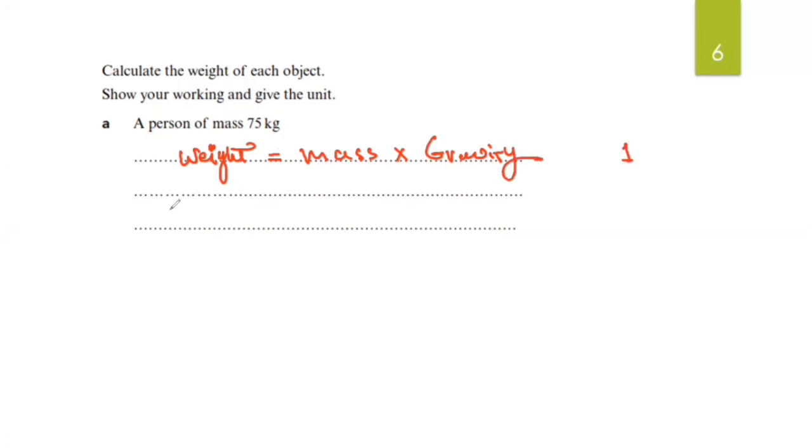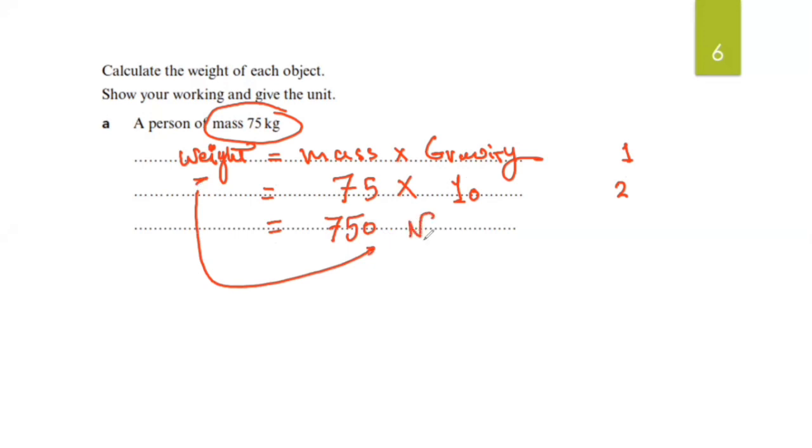Okay. طيب الويت اللي هو عايزه equal الماس equal 75 given times الجرافيتي اللي احنا اتفقنا عليها على الارث equal 10. الworking out بتاعك دي second point equal 750. What is the unit of weight? The unit of weight is Newton. Yes. اليونت دي third step. يبقى احنا عندنا 3 steps. The first step الrule، السكند step الworking، الثيرد ستيب اليونت. ما تنساهاش لان بيبقى عليها مارك.